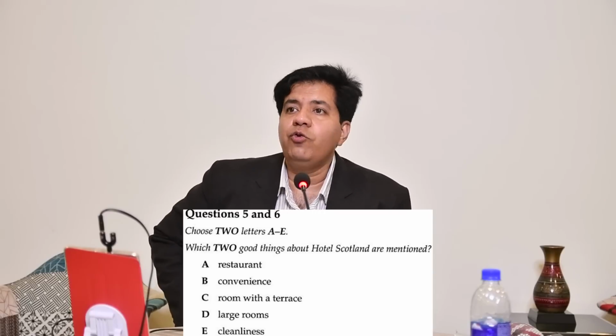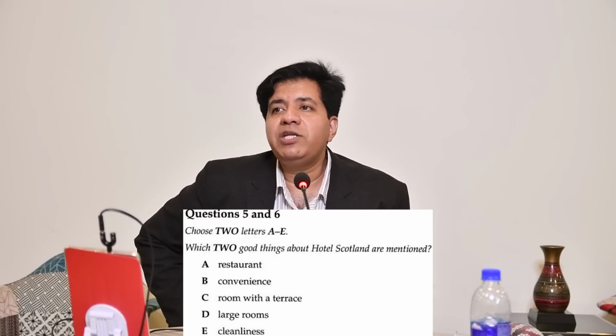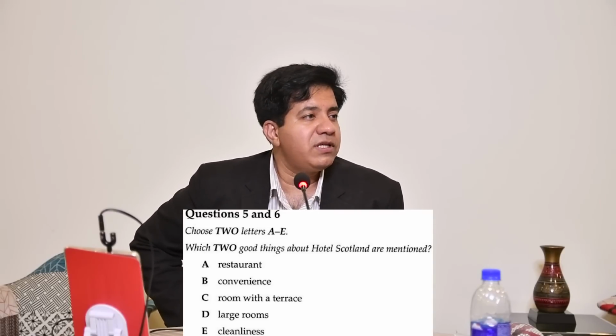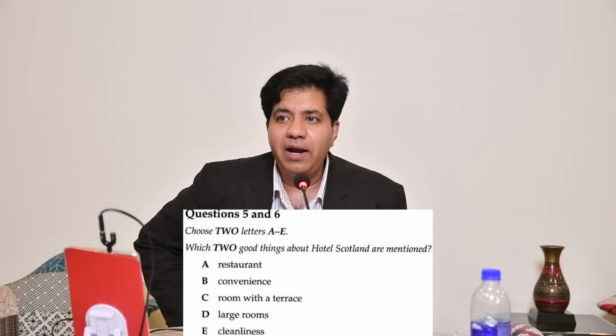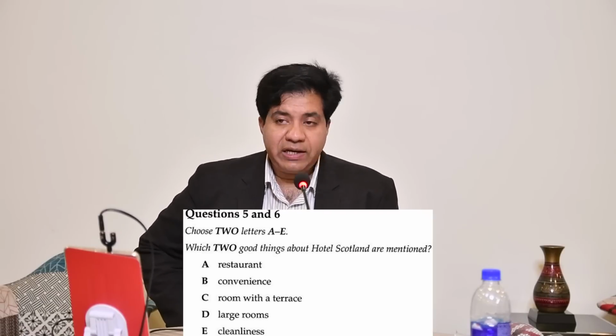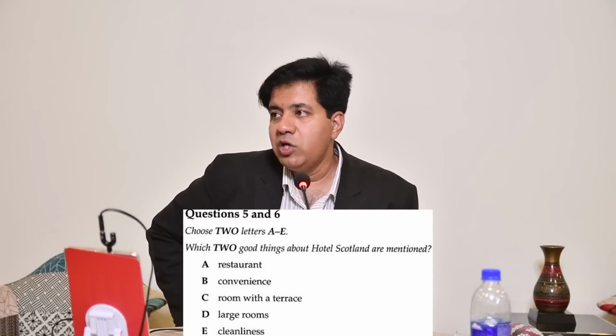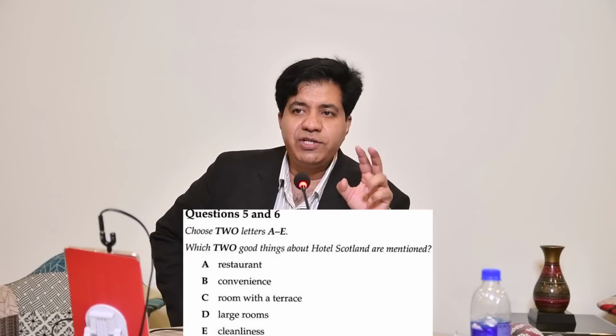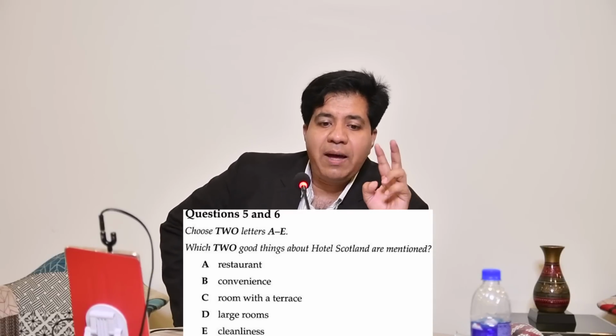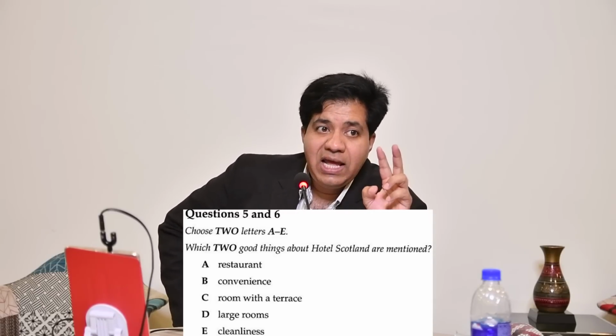Option D, large rooms. For large rooms, they might use the word big rooms and all that. And if they say the rooms are rather small, this is not a good thing. And option E, cleanliness. They will talk about all 5 options in any order. You just have to focus on 2 good things about Hotel Scotland.